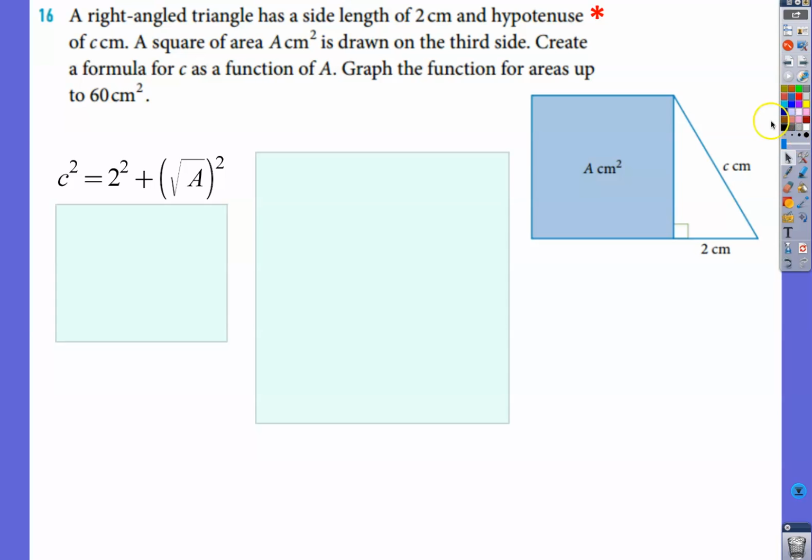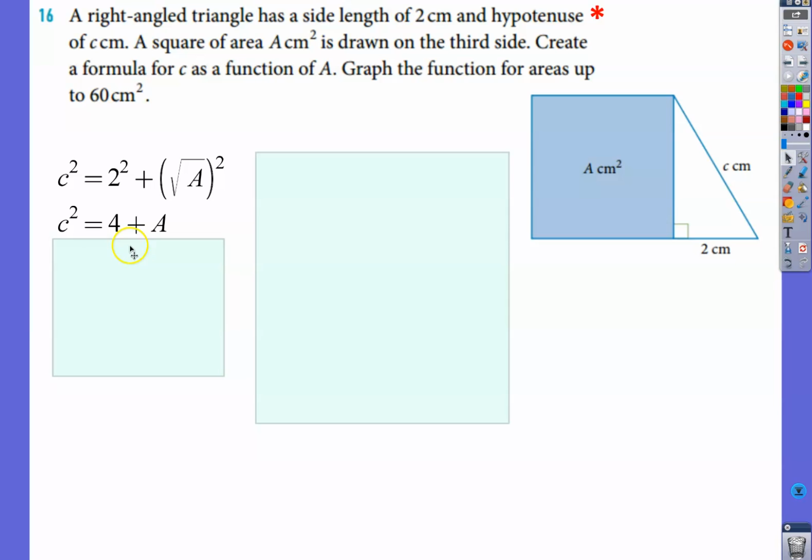Okay, first off, because you know that that side there is the square root of a, that's c and that's 2, hopefully your brain said, oh, this is Pythagoras, because we know something about the 3 different sides of a right-angled triangle. So hypotenuse squared equals one side squared plus the other side squared, and that's what I have just there.